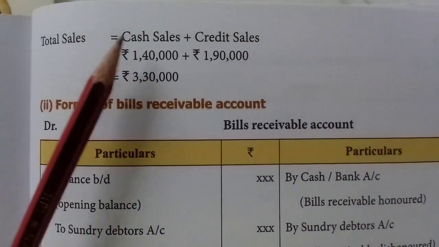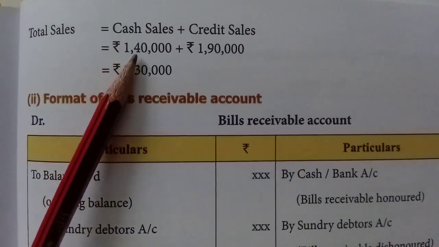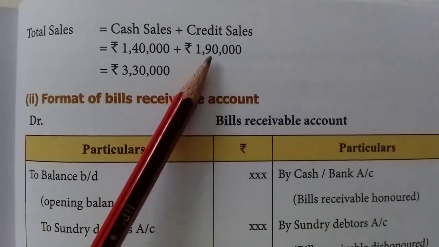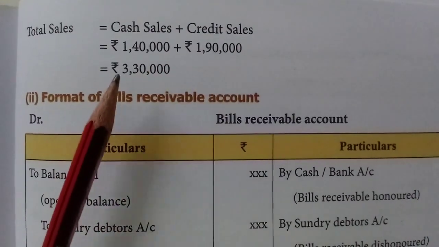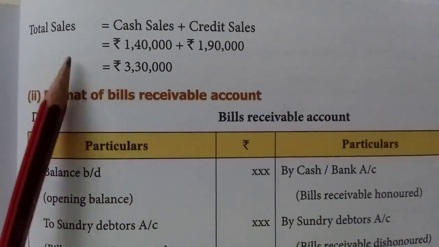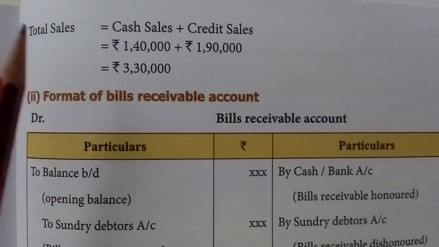Total sales is equal to cash sales plus credit sales. Cash sales given in the problem, 1,40,000. This 1,90,000 we have got from the total debtors account. Add these two, we will get rupees 3,30,000. You can write the rupee symbol. That is the answer. Now you might have understood illustration 10 and 11.